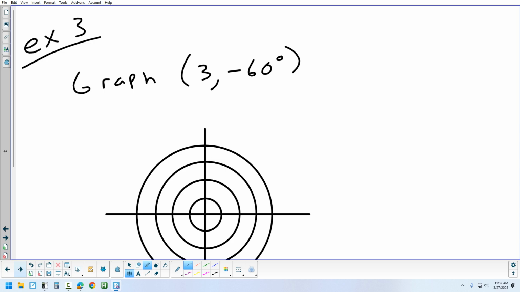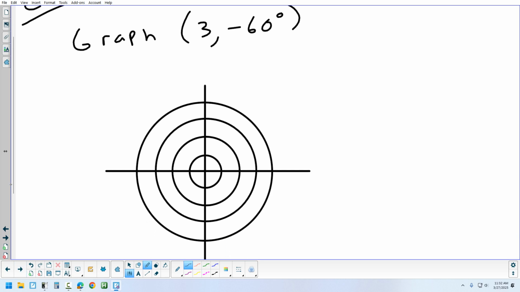Positive radius, negative angle. Right 3. So we're going to go right 3. Start from there. Clockwise, 60 degrees. Well, halfway would be how much? 45. So we'll go a little more than halfway. So about, maybe about right there.